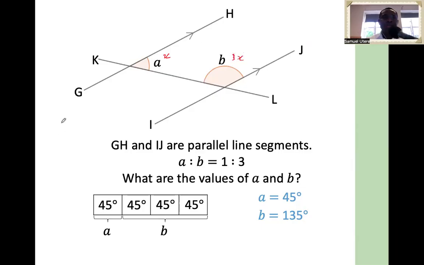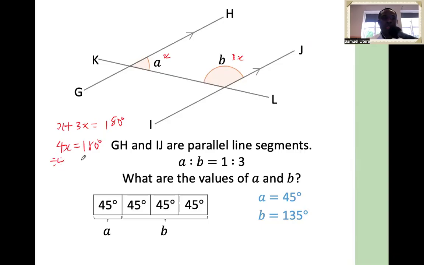So we could have said, well, these co-interior angles must sum to be 180 degrees. So actually, we can form our equation to be this, which means 4x will be equal to 180 degrees. Of course, to solve the equation, remember we have to divide both sides by 4.